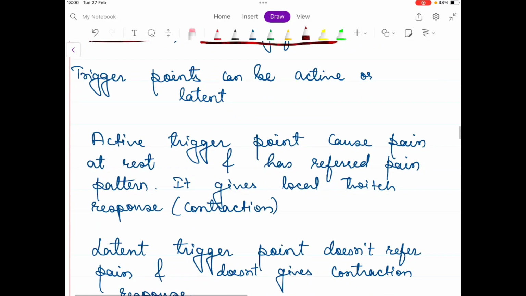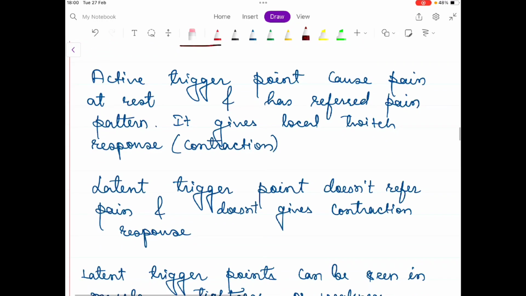Trigger points can be active or latent. An active trigger point will cause pain at rest. Even when you are at rest, that trigger point will cause pain. It has referred pain, so the pain will refer to other areas as well.